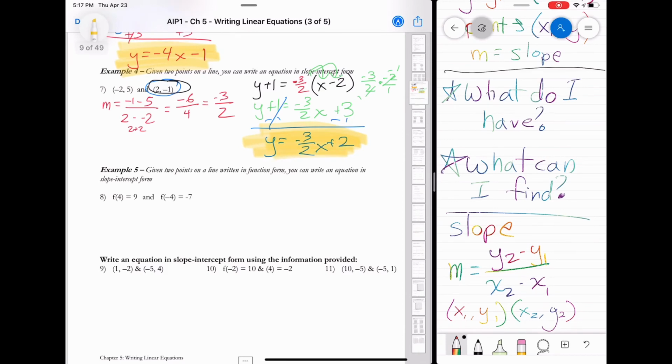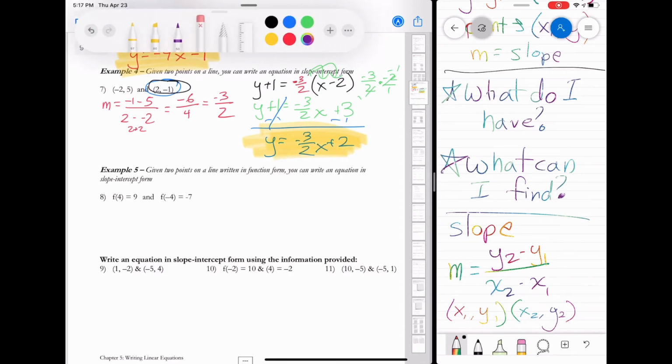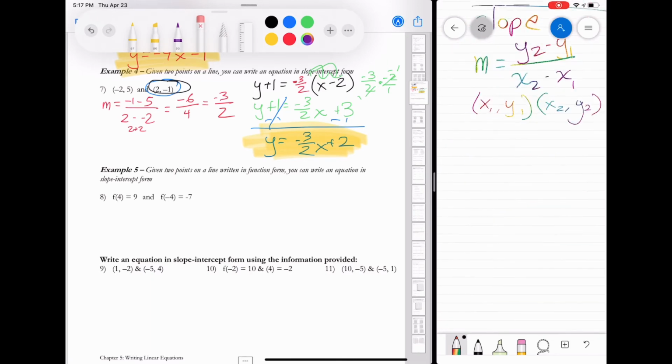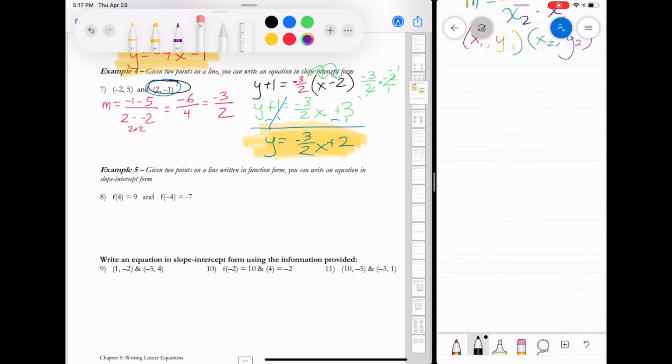Now, some of you might be like, well, why can't we use the other point? Well, you can, because you're going to get the same exact answer. And I'm going to show it to you on the side over here. So if we do y minus 5 equals -3/2 times x plus 2. Let's distribute.